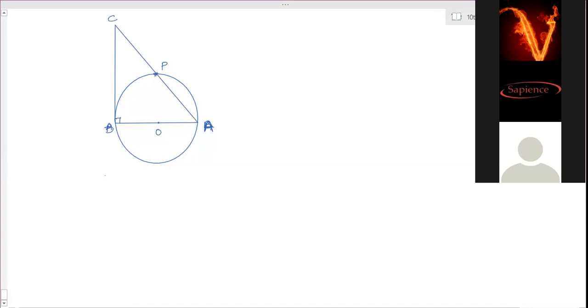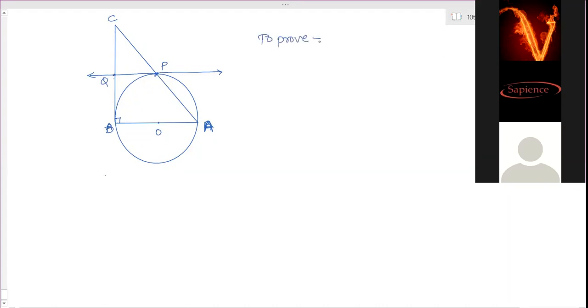The tangent at P bisects BC at Q. So Q is a point, we have to show that CQ is equal to BQ.